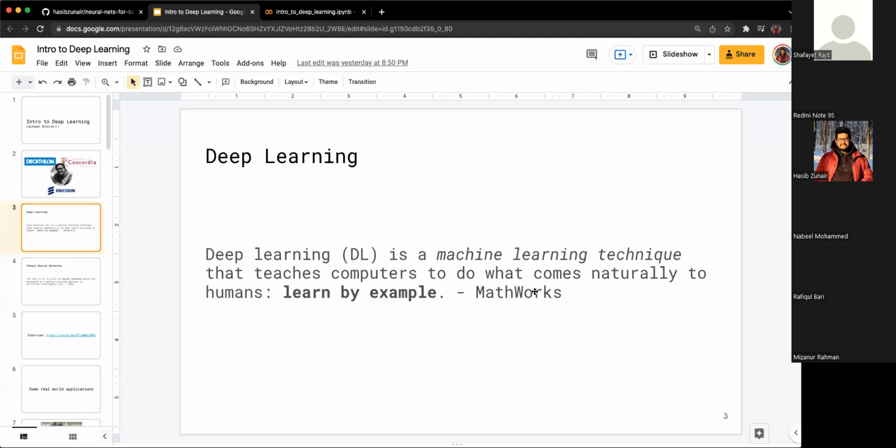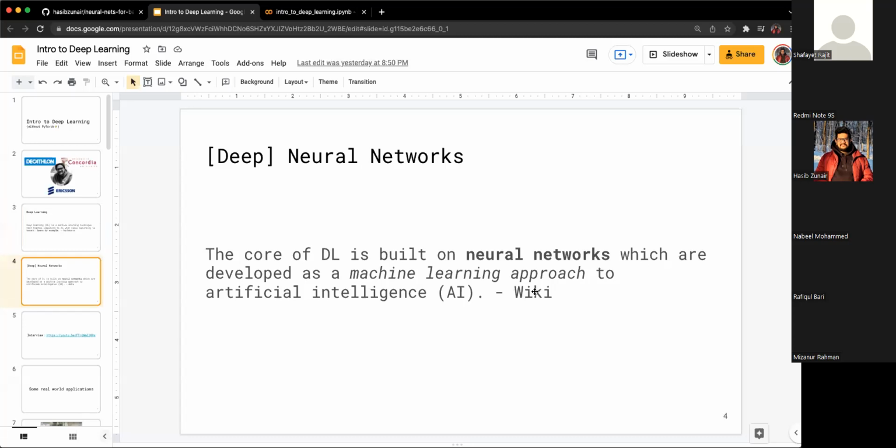And where the word deep comes from: the core idea of deep learning is that it builds on algorithms called neural networks, which are just a bunch of neurons connected together. The motivation for neural networks comes from neuroscience, where it mimics your brain. Our brain has a lot of neurons, so these are artificial neurons.